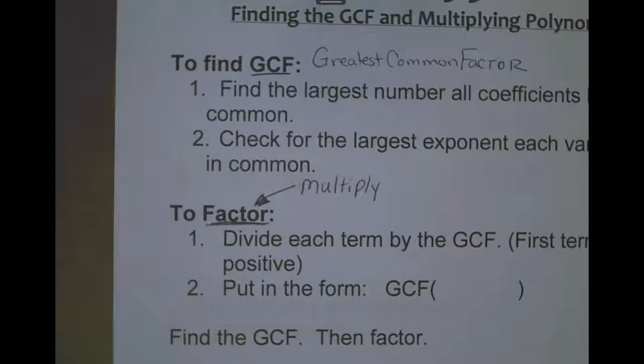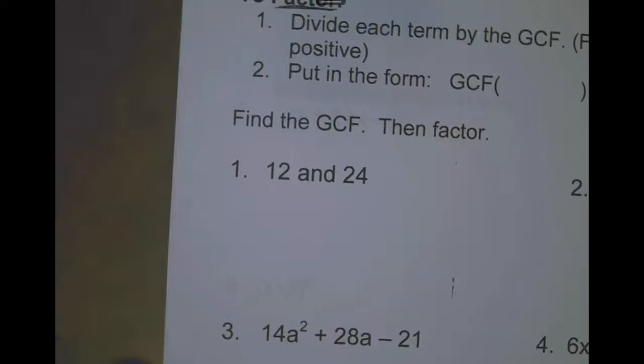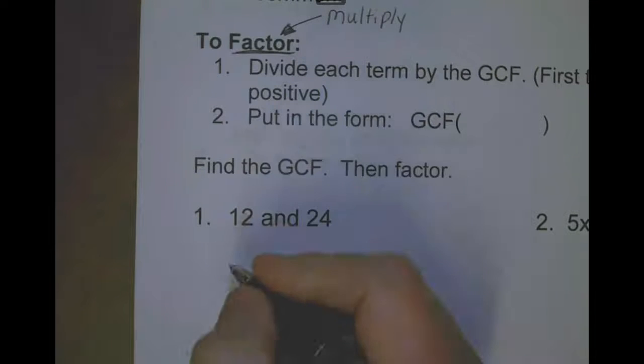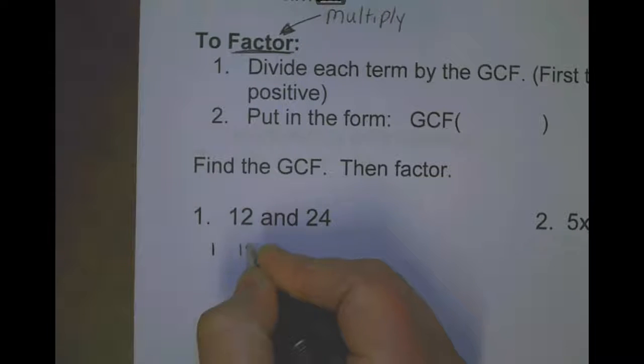So you have the step-by-step process here in your notes. Let's go ahead and look down here at problem number 1 and see how to factor. Now, we will be factoring many times in the days ahead, and I will always start my factors the same way. The factors of 12 are 1 times 12.